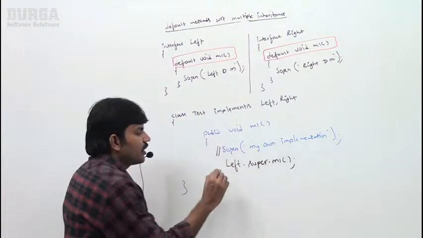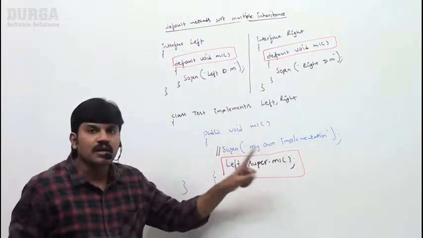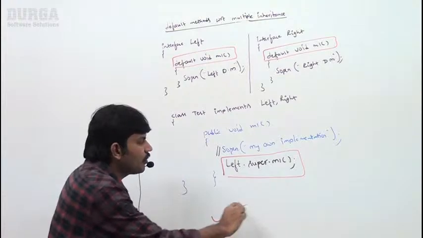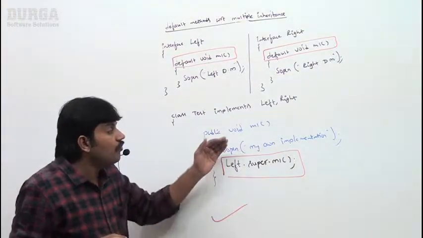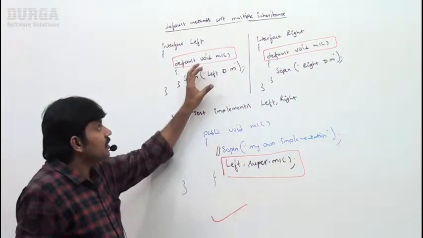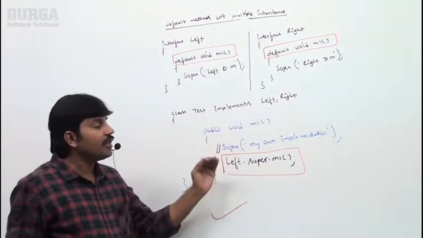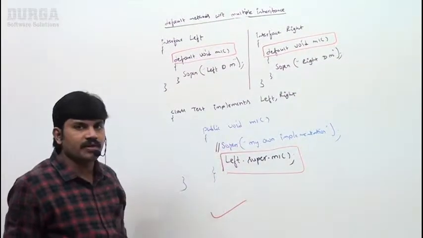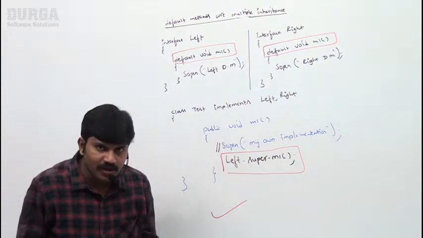The way we can take it is interfaceName.super.m1, then the problem will be solved by default. Is it clear for all of you? How can you override a default method in the implementation class? Just like normal. If I want a particular interface method, then you do Left.super.m1. Clear for all of you, right?